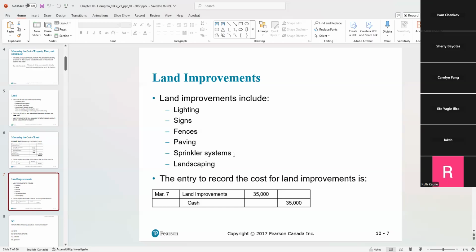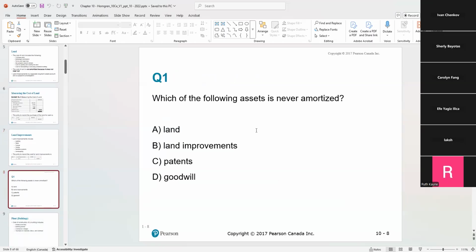Sprinkler system, same thing. But the land itself is going to last. So that's the first question: which of the following assets is never amortized? Obviously, land.